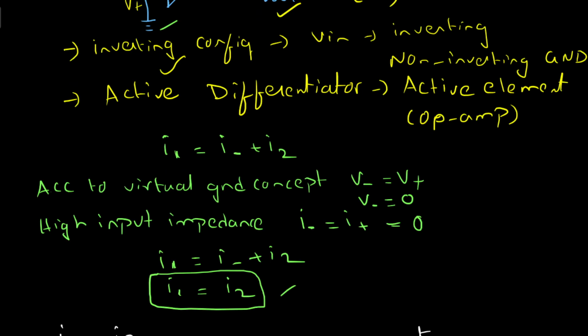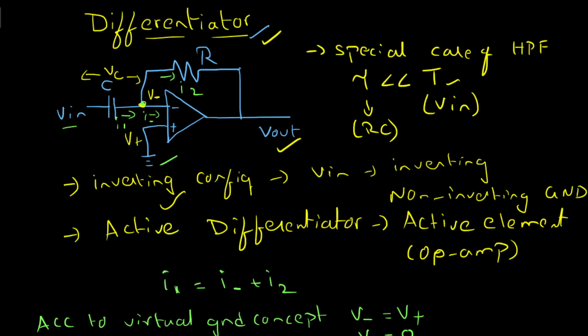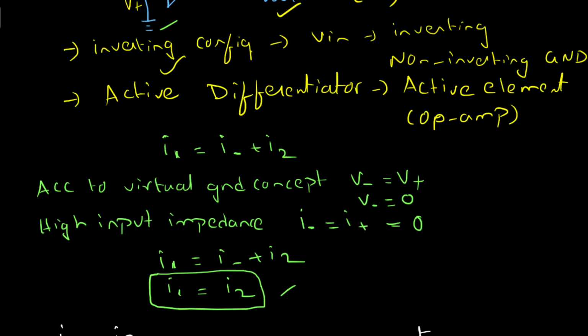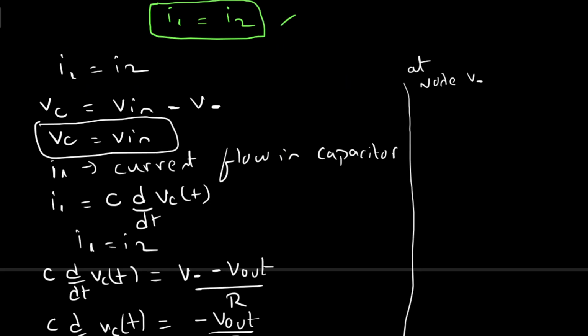The node equation is V minus V in by the capacitive impedance, which is nothing but 1 by j omega C, plus V minus V out by R equal to 0.